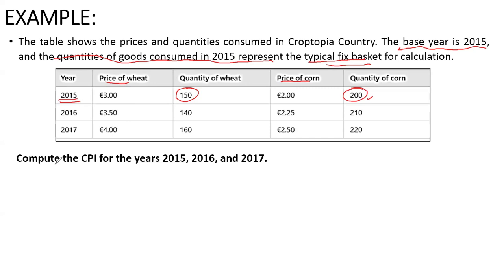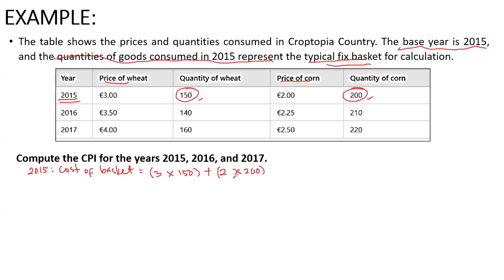After you fix the basket and find the prices, you first compute the cost of the basket. For the cost of the basket in 2015, you simply multiply the price in 2015. We have here 3 euros times 150, which is the quantity of wheat, plus the price of corn, which is 2 times 200.